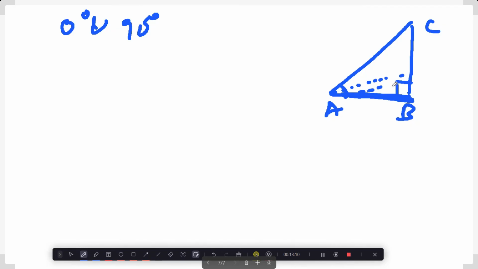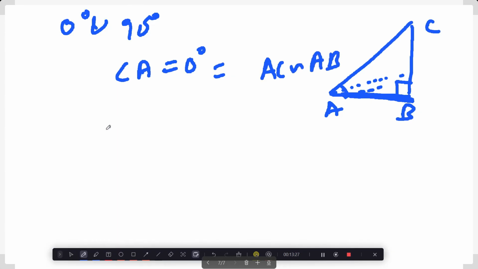That's when we can say that angle A has become 0. When angle A has become 0, the hypotenuse is very close to this thing. So then AC is almost equal to AB, right? And BC has become 0.